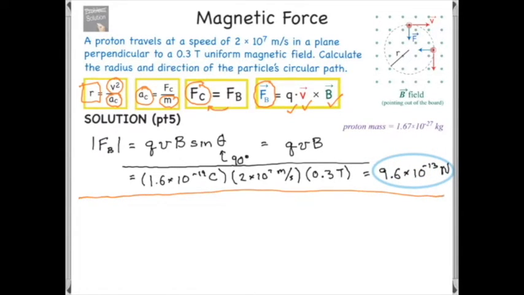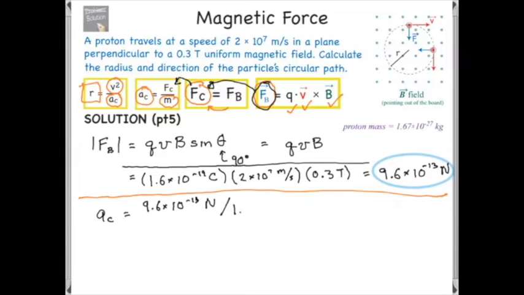Continuing on, we can take that value for the magnetic force, attribute it to the centripetal force, and plug that into the equation for centripetal acceleration, so that the centripetal acceleration is just equal to the centripetal force, which we just had, 9.6 times 10 to the minus 13 newtons. And we're going to divide that by the mass of a proton.